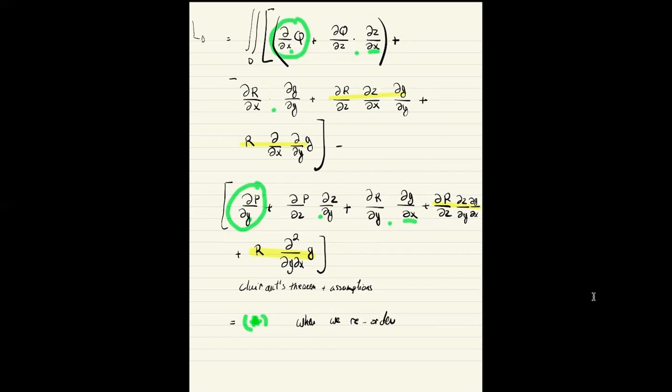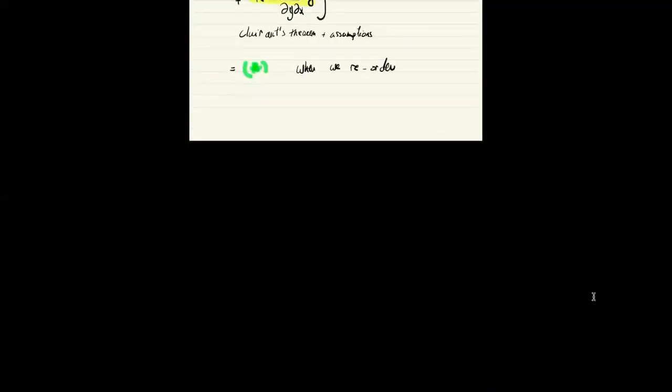And also remember that z is equal to g. And you just have to isolate, rearrange, do some algebra, and it'll give you exactly the same. So this is the proof of Stokes theorem. It's a bit long, it's a bit complicated, but this is the proof.